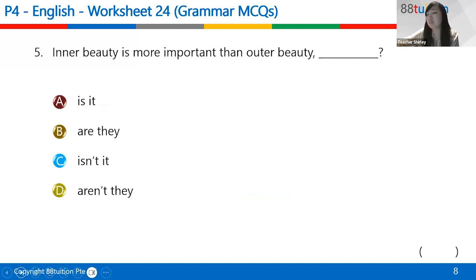Inner beauty is more important than outer beauty. Is. So when we write opposite, Sanvi, you want to try?